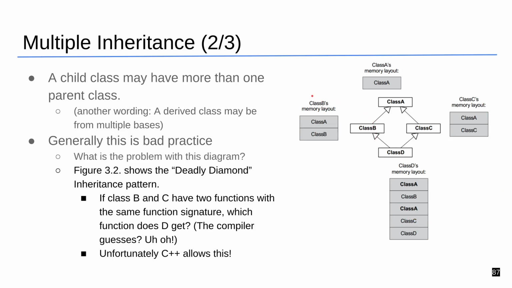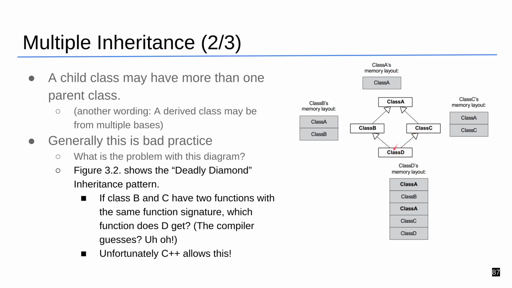Okay, so the problem is this is actually known as what's called the deadly diamond inheritance pattern. That is, class A here is the sort of base class, but class B and class C are both derived from it. But then class D here is derived from class B and class C. So if class B and class C have two functions with the same function signature, two of the same member functions, maybe they're called foo or whatever, class D just picks one to inherit.